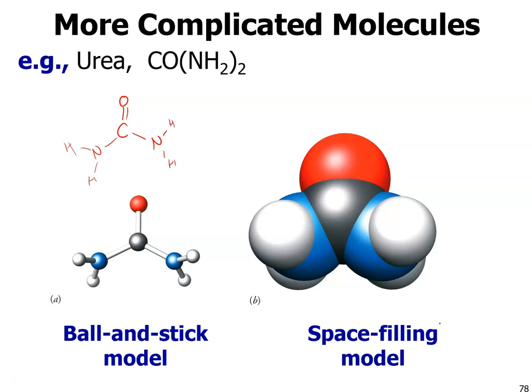You might have noticed I drew 2 lines over here. That's a special type of bond, a double bond. We'll talk about that later in the semester. But here I can recreate this using the format where I use the atomic symbols rather than the balls and sticks to represent this organization.